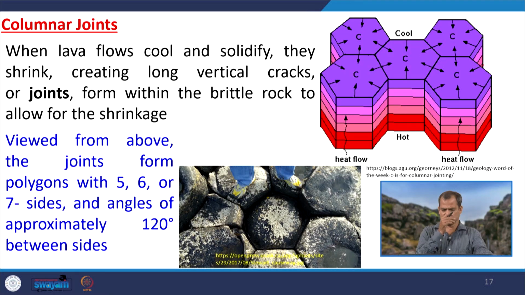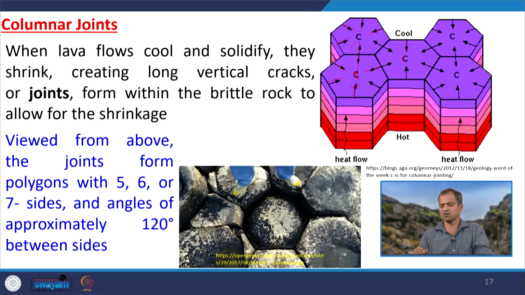Another structure is called columnar joints. Columnar joints, if you see here, when there is a lava pool, that is the erupted lava, it is cooling down. So, here these cooling cracks are developed, and this is the nucleus, and due to cooling, contraction occurs.